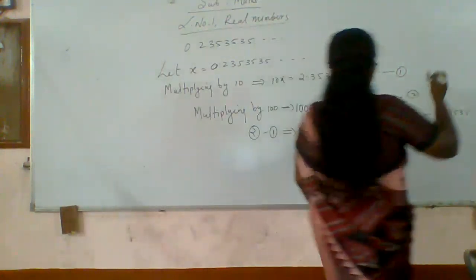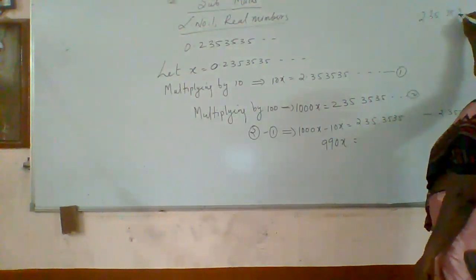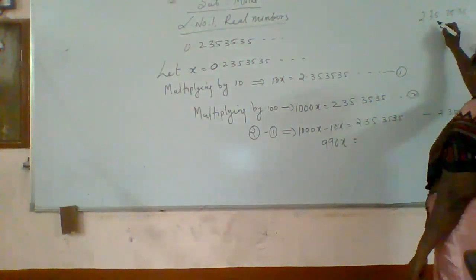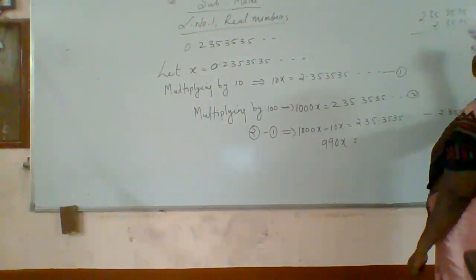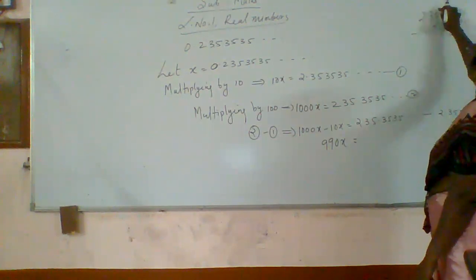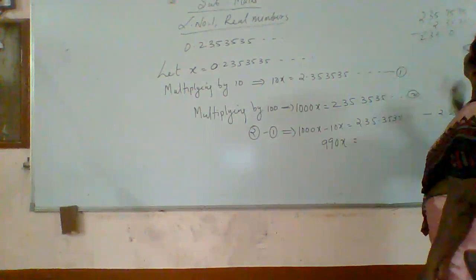So here 235.3535 etc. subtract 2.3535 etc. What will come here? 0. And 5 minus 2, what will come? 3. Here 3 and here 2.